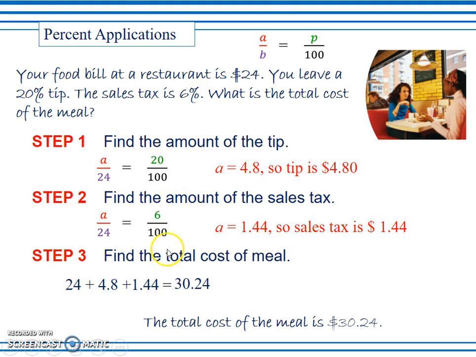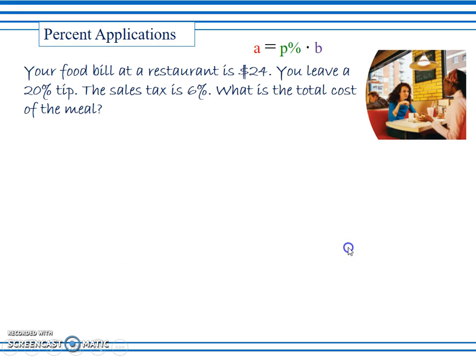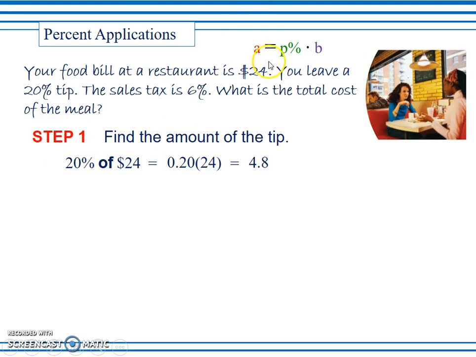Now, in this particular situation, we used proportions to figure out what money was added to the total bill. Now we're going to do the same problem again, but we're going to use our percent equation. We have the amount of tip we're calculating first. Here's our part, equals the percent times the base. It's 20% of $24, so 20% is the same as 0.20 times 24, which is $4.80.